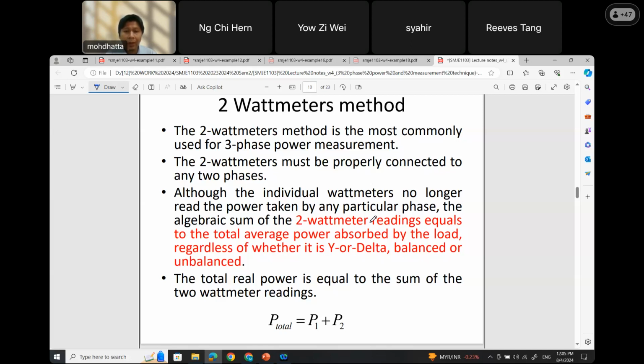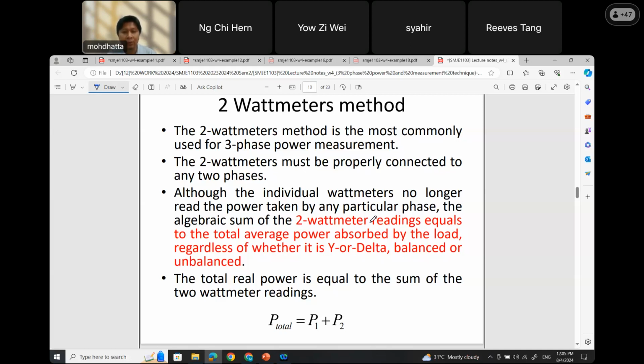So for the 2 watt meters, we set up these 2 watt meters in order to measure the 3-phase system. The total real power, or P total, can be found by taking the reading of the first meter and also the second meter and summing them together.